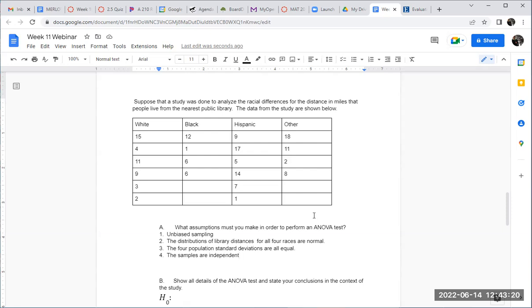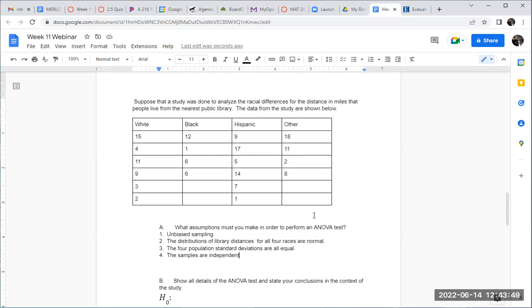The only way it might be dependent is if you did something silly and said, we're going to look at interracial couples, and we're going to ask the husbands and wives each how far they live, and that would be completely dependent. Does that make sense? It's actually hard to come up with dependent samples for something like this.